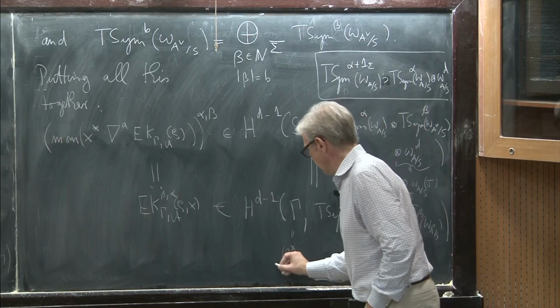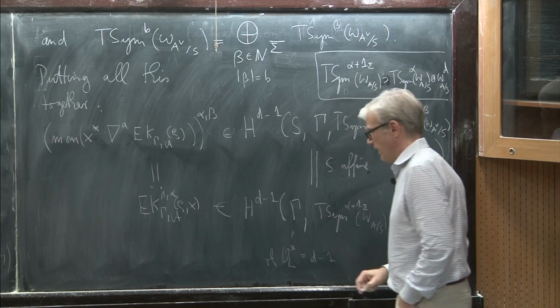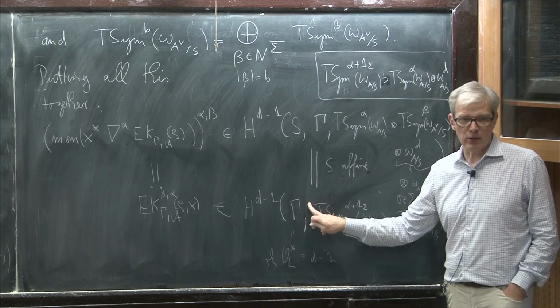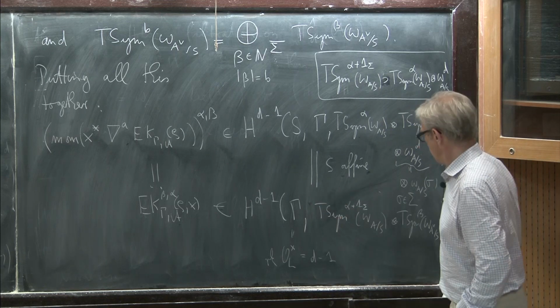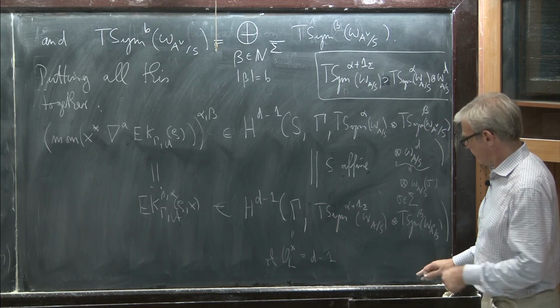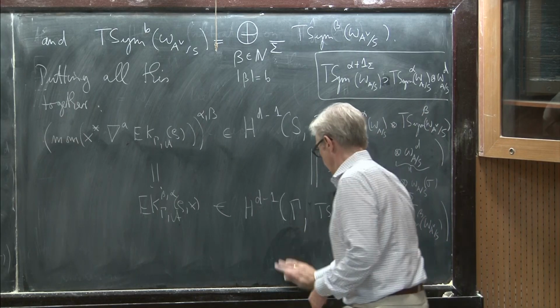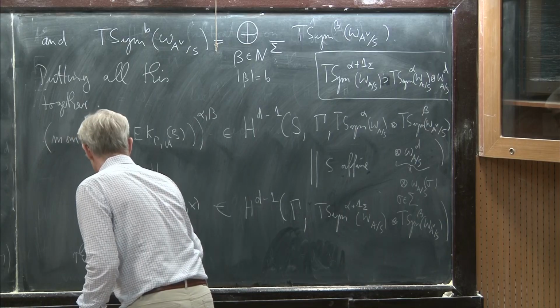So this is an abelian group which has rank exactly d-1. So we're sitting in the top cohomology of that group. And that means we can evaluate it. And this we will do. And so I should put this remark maybe here. So the rank of OL star is d-1.